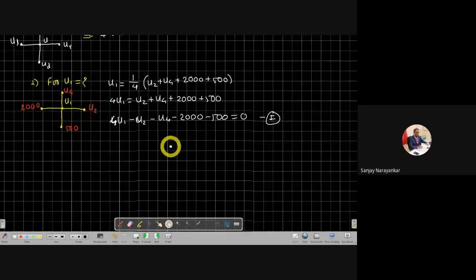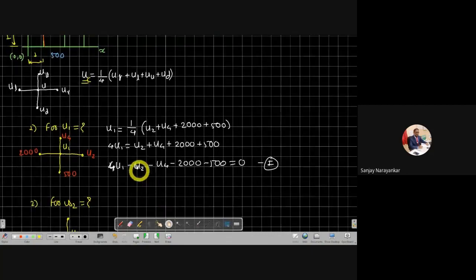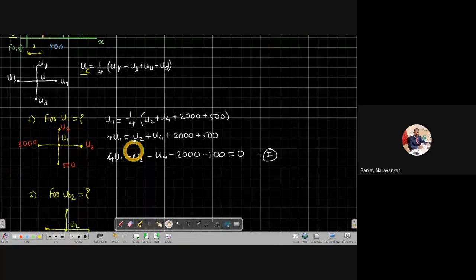No, sir. Now we will write for u2. We will prepare a grid again for u2. So this is u2. Now, from this, can you tell me the top value, right value, left value, and bottom value? u3, u1, 500, 500, right?